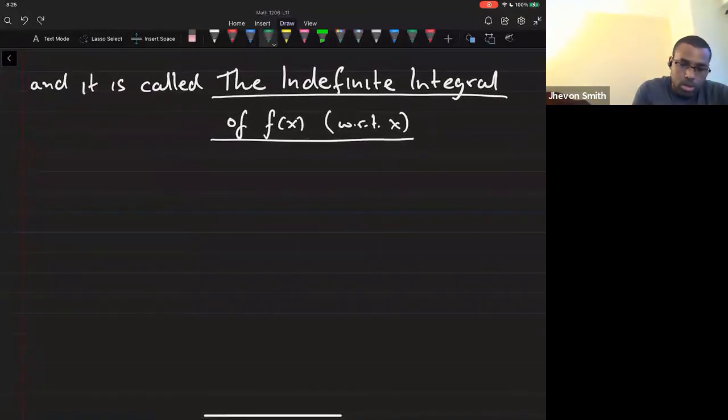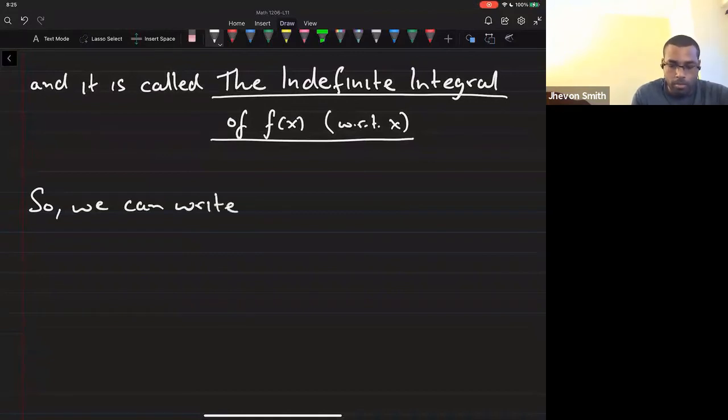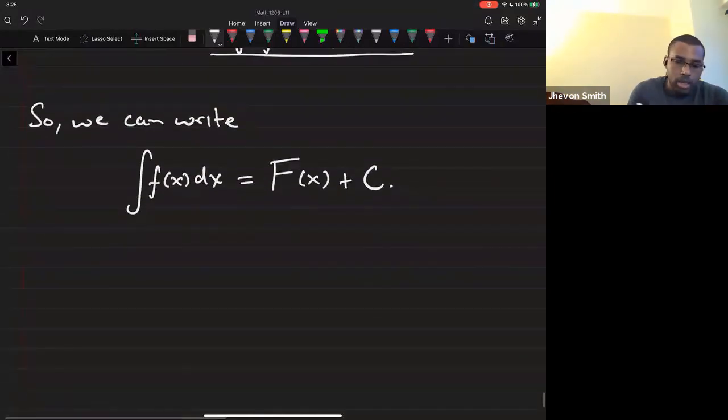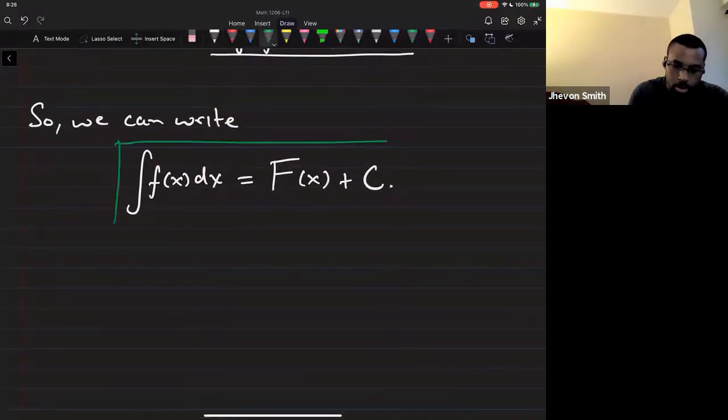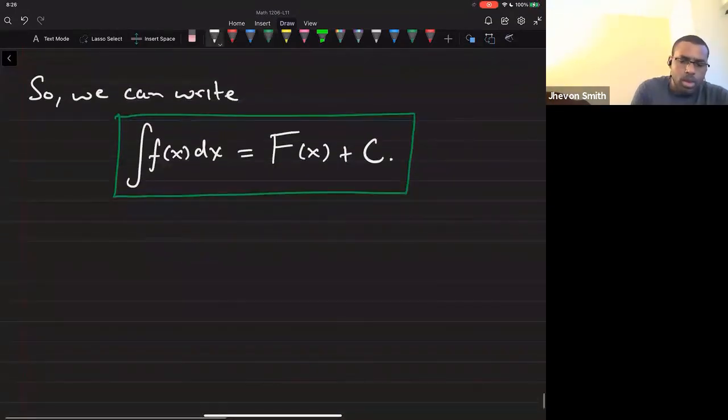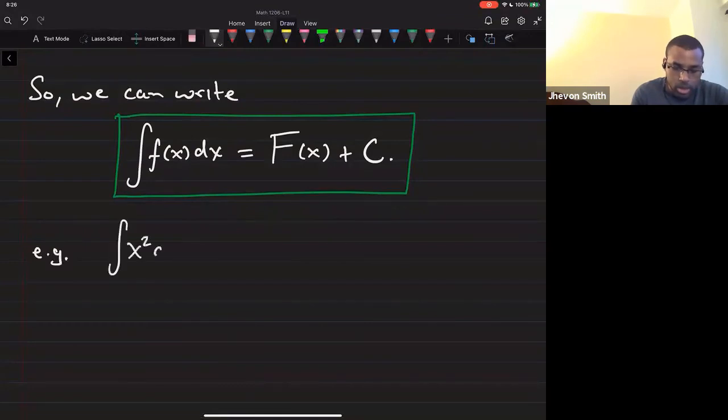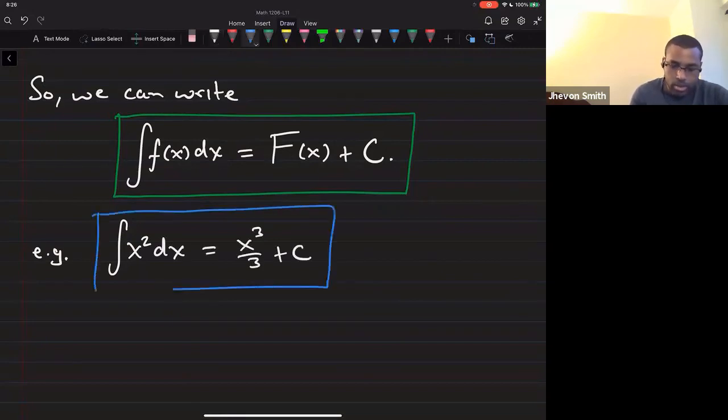So we can write this guy equals big F of x plus c. And that makes sense to write down. For example, I can write this expression, and that would make sense to write.